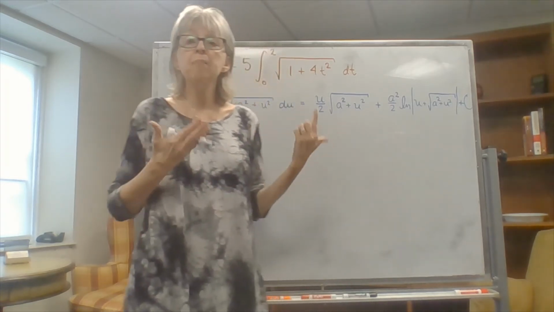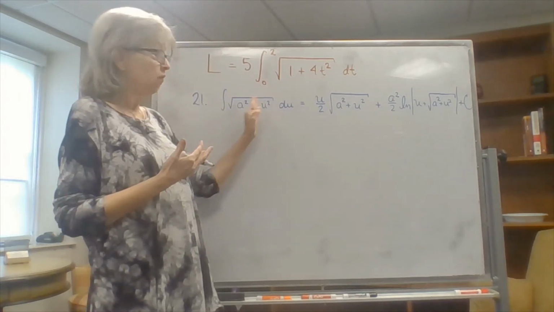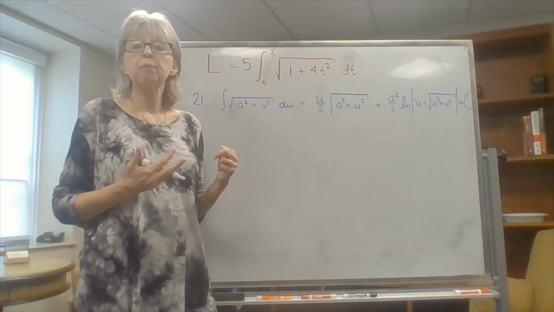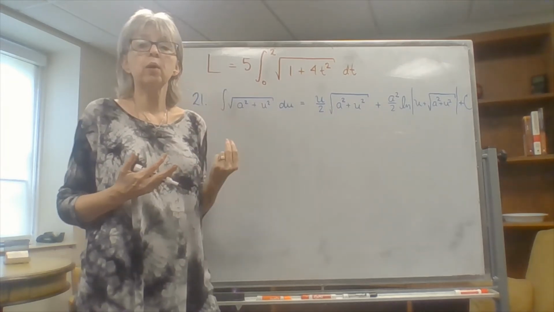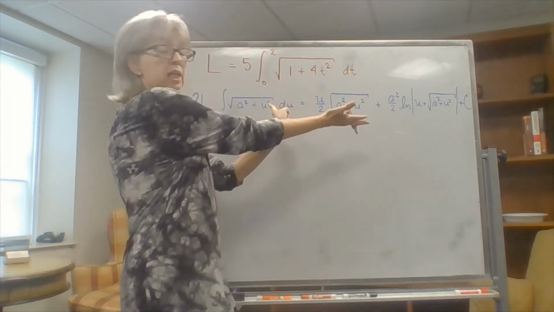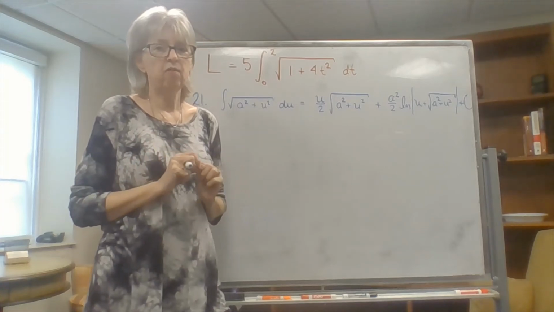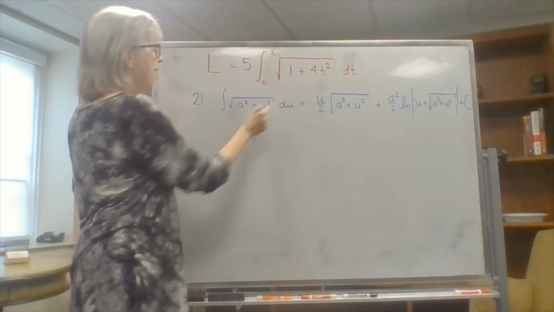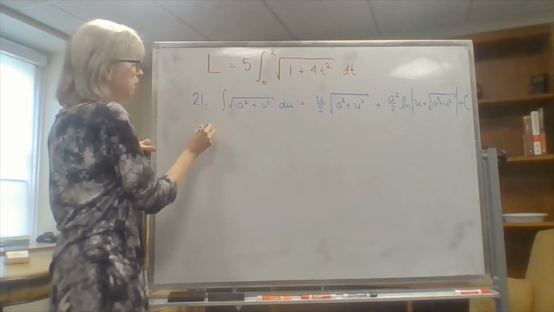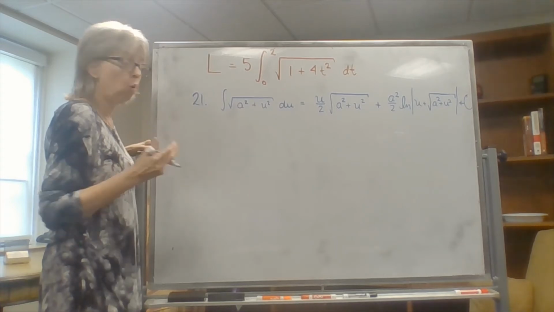And so when I'm making my adjustments here, because this is the square root of the sum of squares, or if it was the square root of the difference of squares, trig substitution is what's going to leave me here. And I don't have to worry about negative values. So when I look at 1 and I look at a squared, what do I square to get 1? Technically minus 1 or 1.